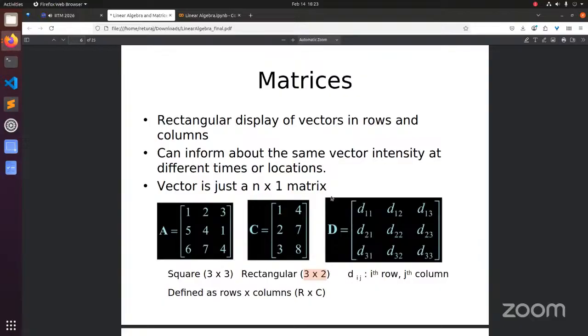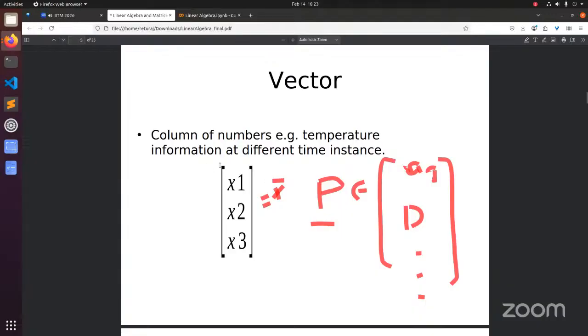So how will you describe a scalar? If I have just x1, what is the size of this matrix?